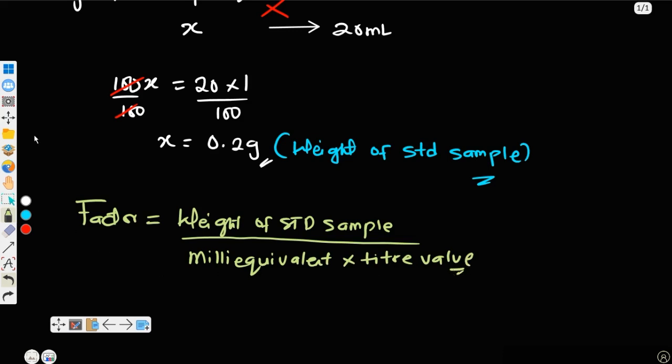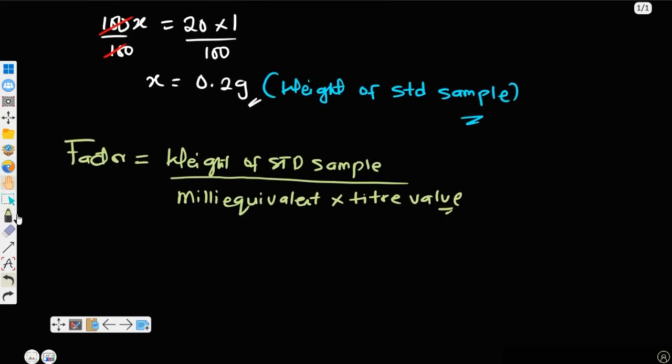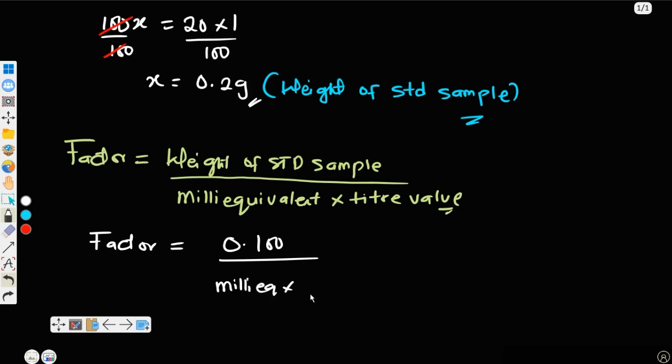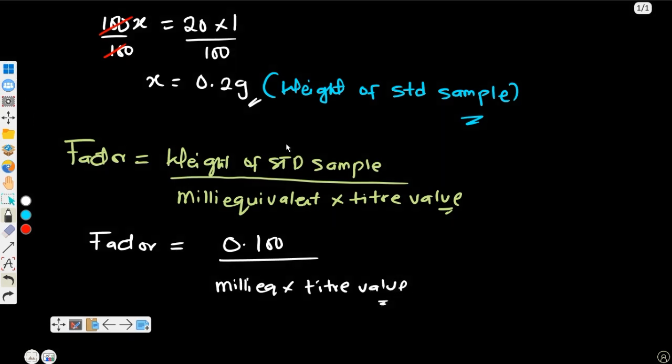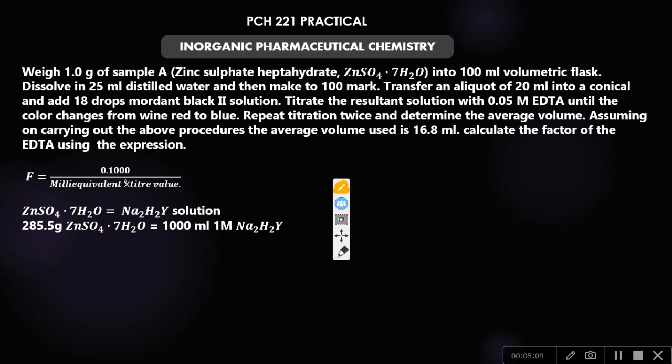However, if you look at the formula that you are given for factor, this is one correction that somebody pointed out to me. It is 0.0100 divided by milli equivalent times titer value. That is the formula we are given for factor.